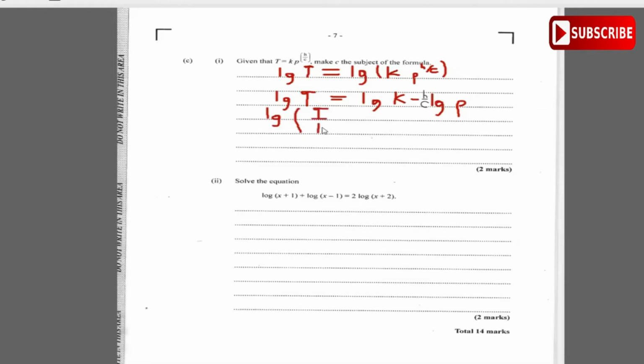So the log of t over k is going to be equal to minus h over c times the log of p. And we want to make c the subject, right? So no issues. To make c the subject from here, depends on which way you want to do it. First thing I will do is multiply both sides by minus 1 over h.